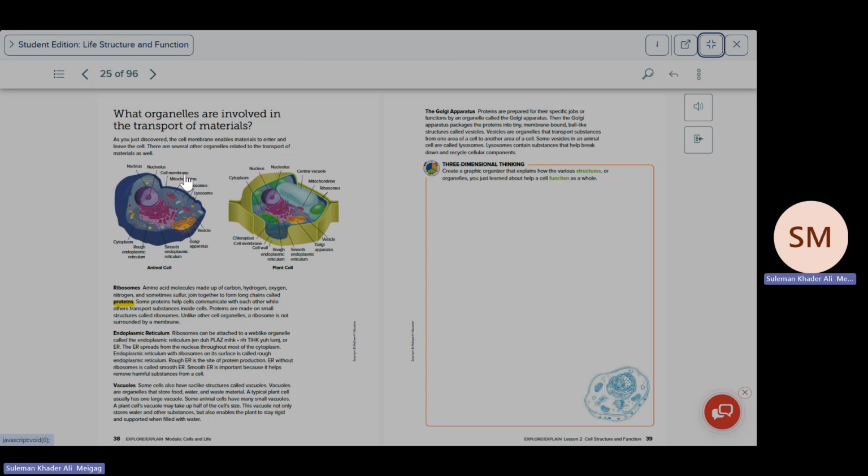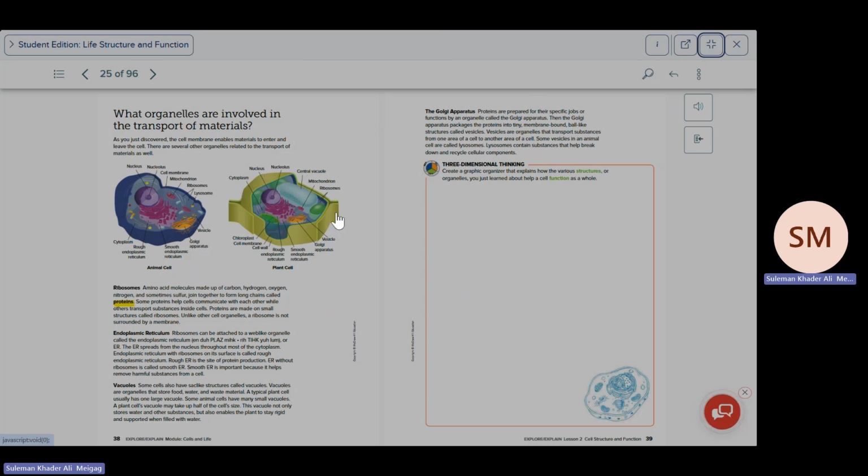So many parts in the animal and many parts in the plant, the organelles, are the same, but there are some differences. For example, this is green, هذا أخضر, is chloroplast. Only in the nabat you find chloroplast. ما في chloroplast in the حيوان خلية. Okay, so there are some differences. الثاني, number 2.